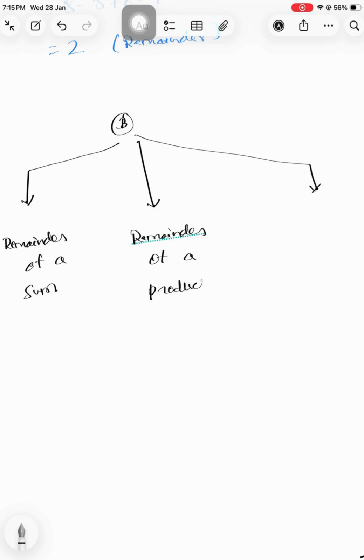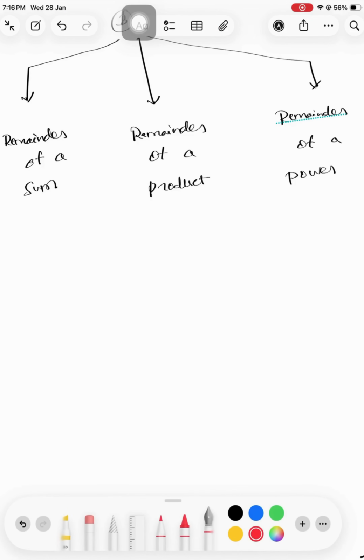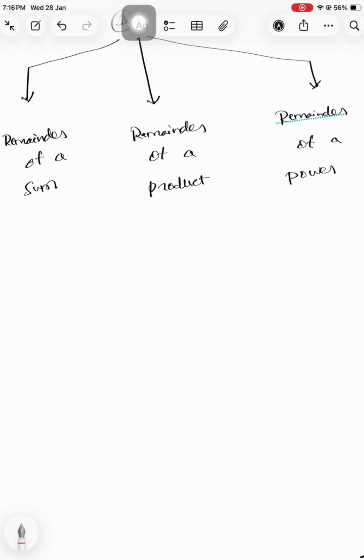Let's say point number 2. The first one is the remainder of a sum where all the numbers written in the numerator are only expressed with positive sign. For example, let's take 4 plus 6 plus 8 plus 12 upon 3. So these numbers are only expressed with positive sign in the numerator.